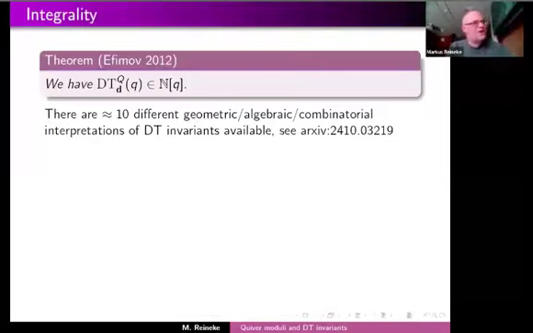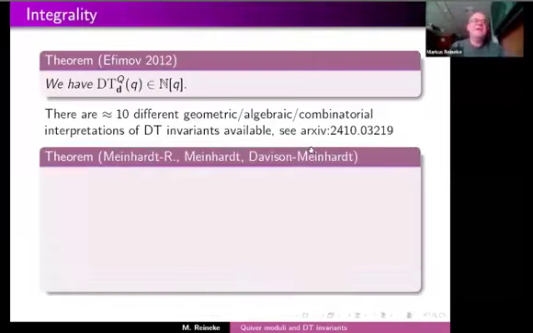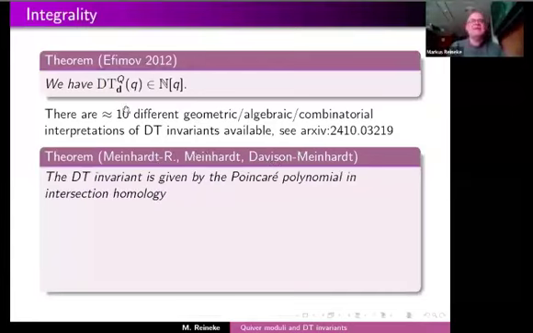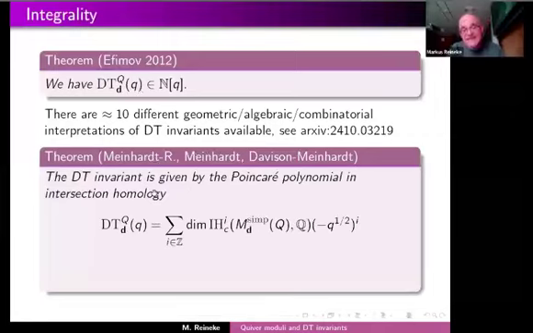I will now just pick one of these interpretations, namely a theorem which I first developed together with Sven Meinhardt, and there were some gaps in there, and these were closed by Meinhardt, and there was an alternative proof by Ben Davison and Sven Meinhardt. This DT invariant here is the Poincare polynomial in intersection homology of these moduli spaces, which we saw.